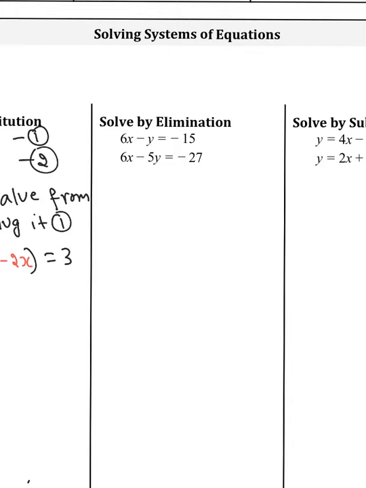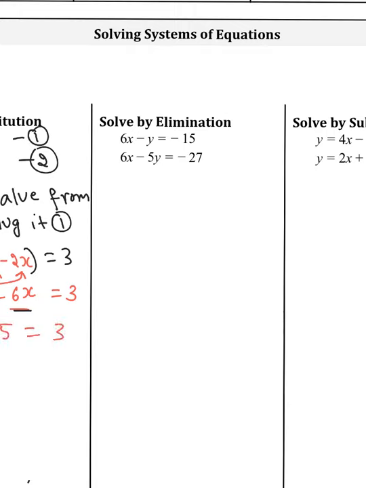2x plus, when you distribute this, you're going to get 15, and 3 times 2 would be 6x, equals 3. Now combine the like terms. So like terms are 2x and negative 6x. When you combine them, 2x minus 6x would be negative 4x, plus 15 equals 3.